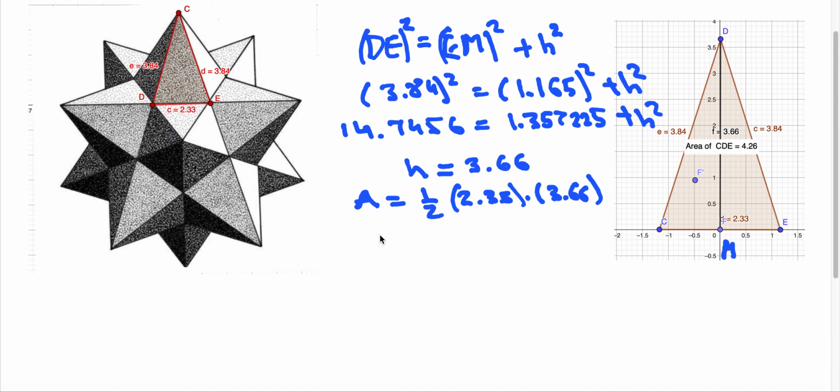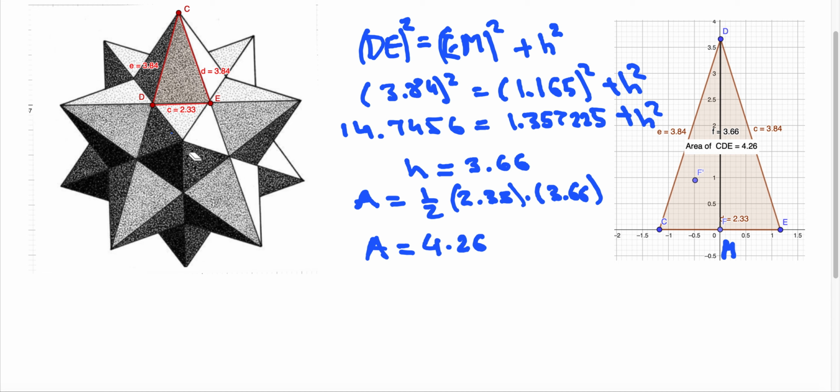When we calculate everything, as we have here calculated with GeoGebra, or if you plug it into the calculator, you get approximately 4.26 units squared. But now we have it just for one triangle.